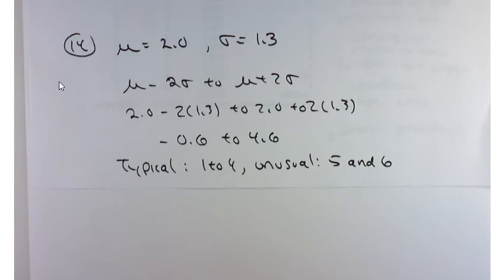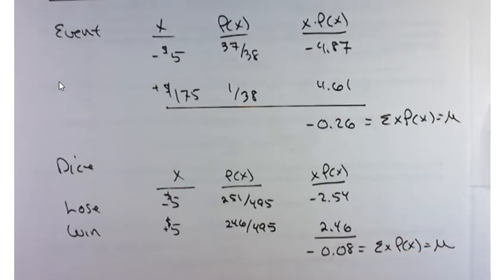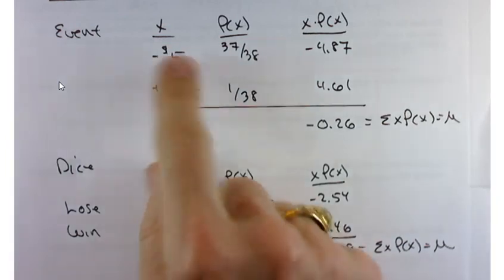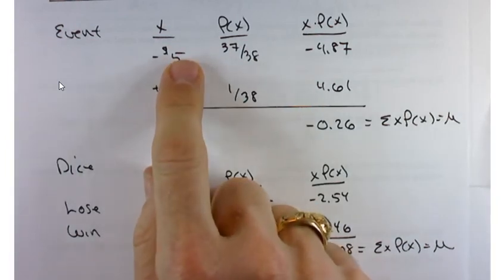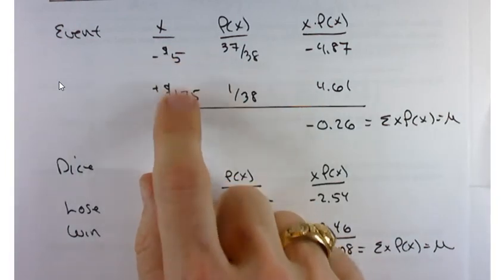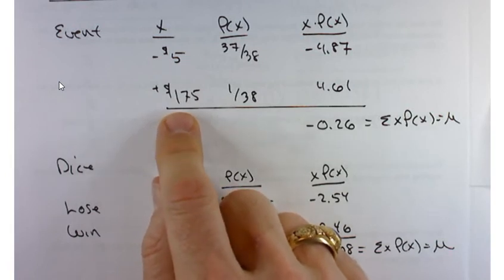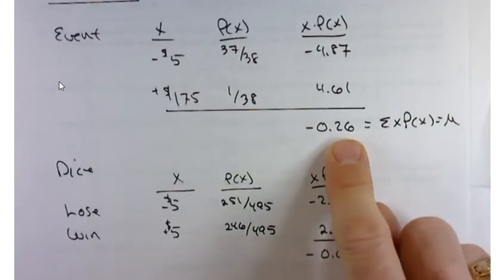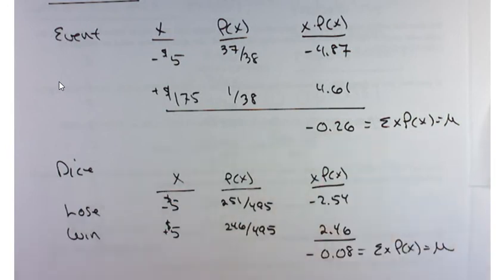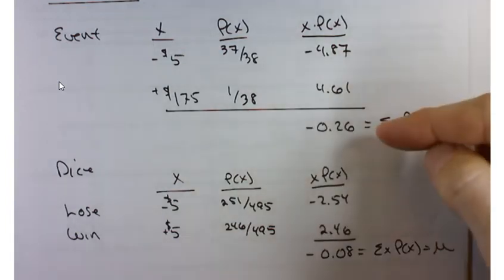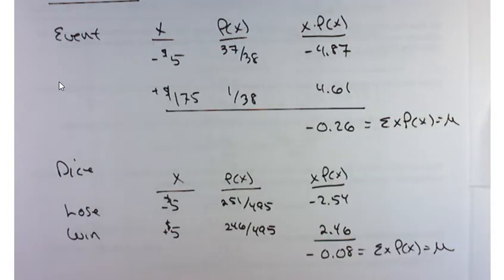The other big thing that I wanted you to understand was just what the expected value means. It tells you what's going to happen on average. Now, when you're betting $5 on a roulette wheel, you're either going to lose $5 or win $175. How can you have an expected value of negative 0.26? Well, you can't. It's not an outcome that you're going to get from this experiment. What this reflects is, on average, if you've played this game all night, how much you're going to lose.